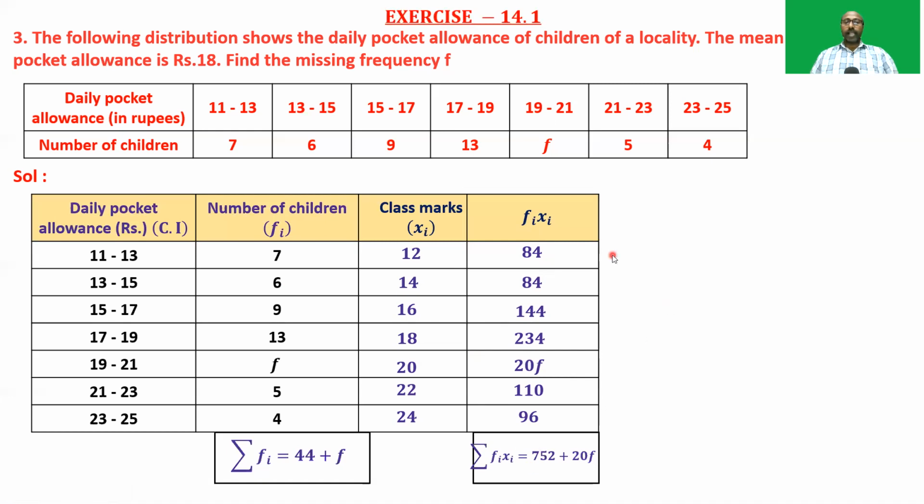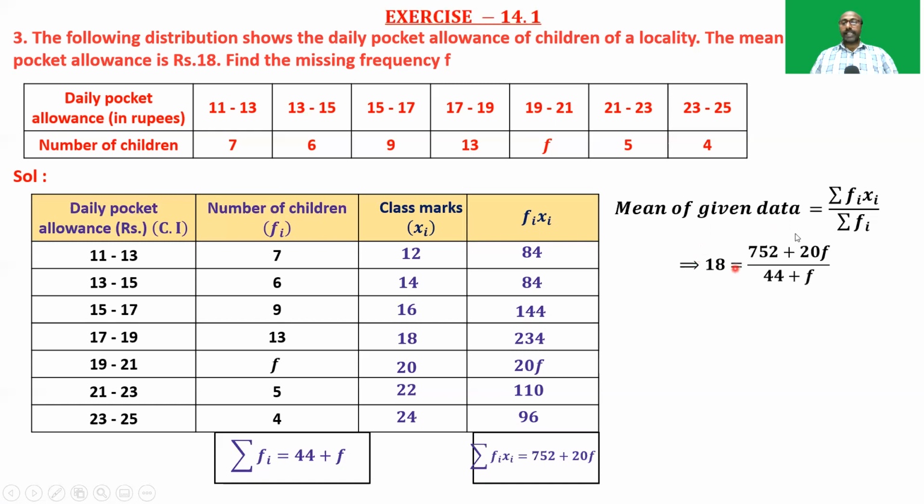As given in the problem, the mean of the given data is 18 rupees. So the mean is sigma FiXi by sigma Fi, but the mean is given as 18.